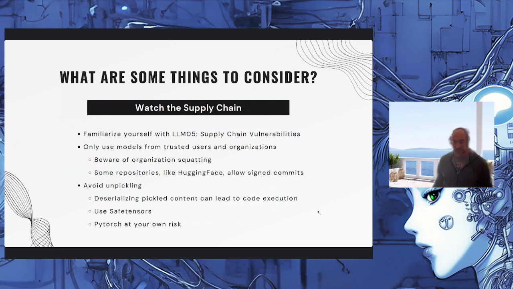If you're using a model, do you know exactly who created it? And if you see a model out there on Hugging Face that's like, Matt's super awesome cool model that'll solve all your problems, do you really know who created that, and that there's not going to be any code execution bundled into the deserialization instructions? So that's something scary to think about.